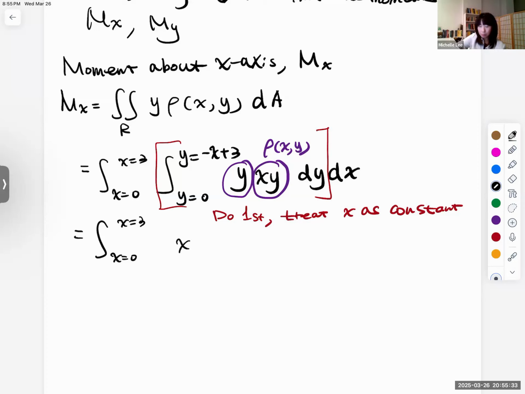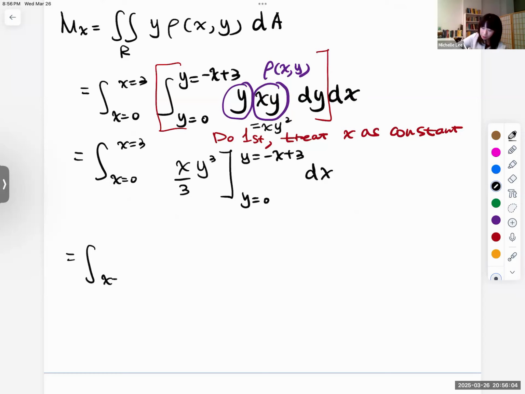x is constant, we keep that, and then we have y squared there. So this is x times y squared, so we get y to the third power over 3. We evaluate from y equal to 0 to negative x plus 3.